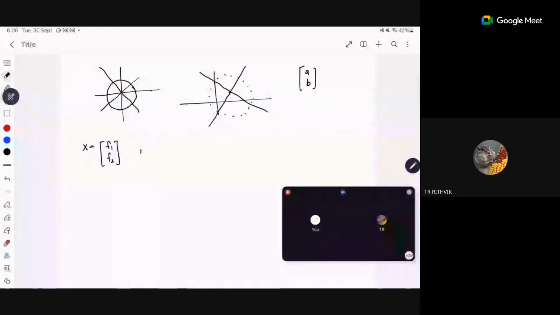The center given to us is (a, b), so the equation of the circle is (f1 minus a) whole square plus (f2 minus b) whole square, and this should be equal to some r square. This center is x naught. This is how you will write the equation of a circle.